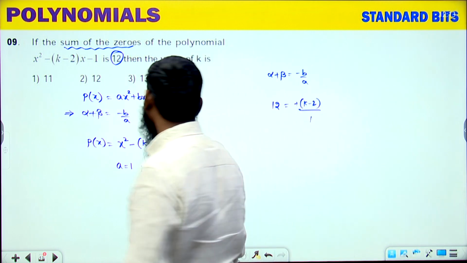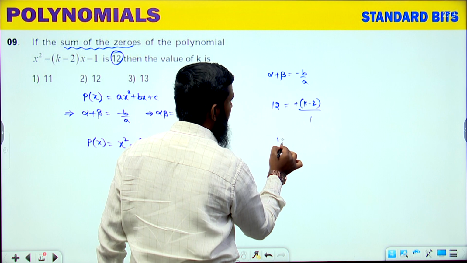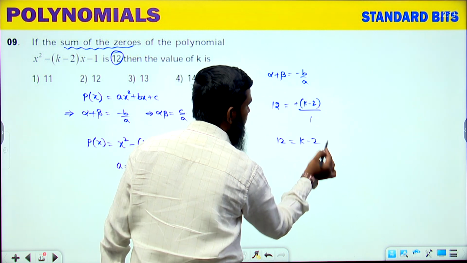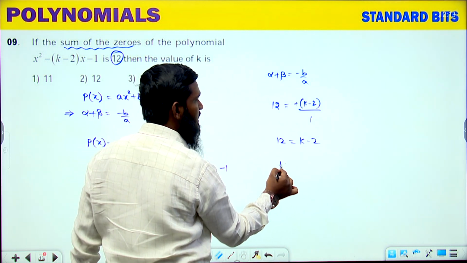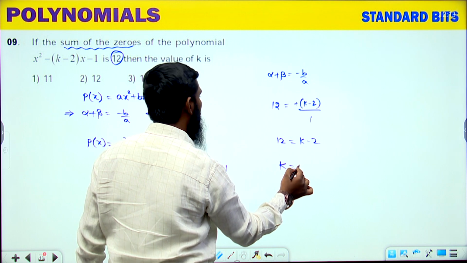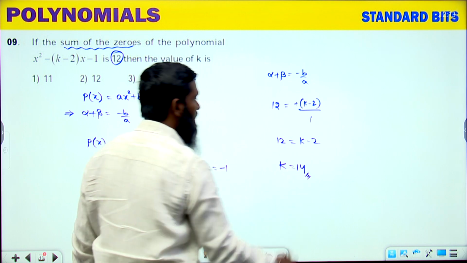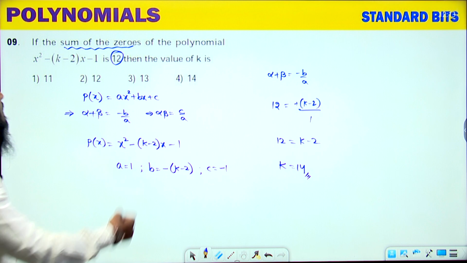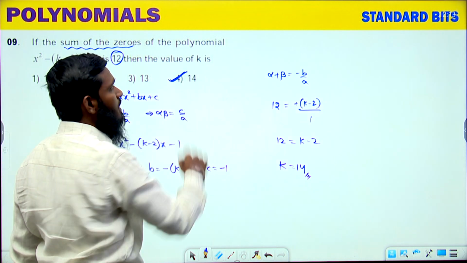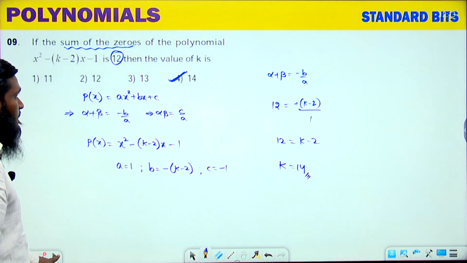We have to find the k value. 12 is equal to k minus 2. Sending the minus 2 over here, k is equal to 12 plus 2, that is 14. What is the k value we are getting? k is equal to 14. Let us go with the fourth option. Okay, the fourth option is completed.